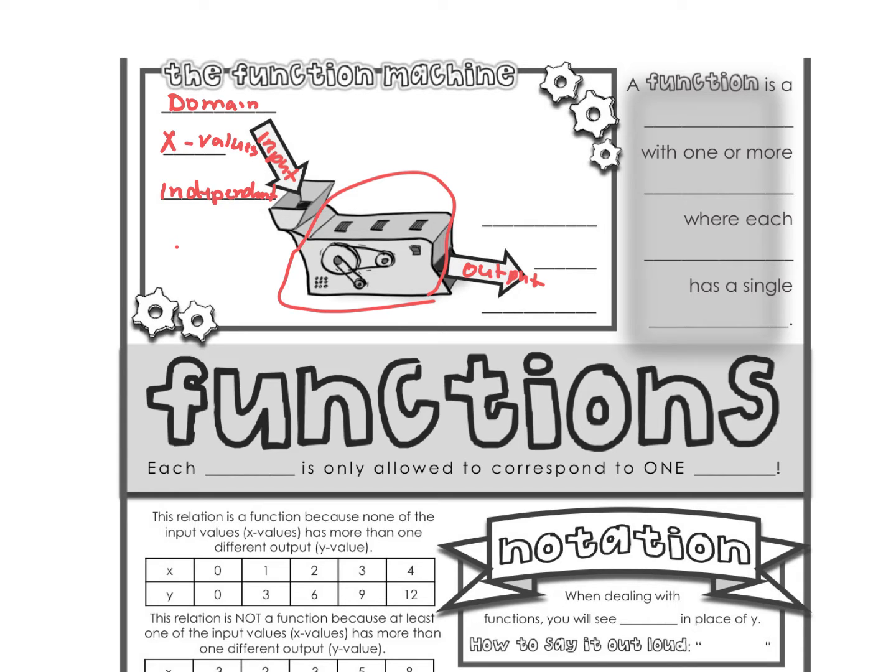The definition of the domain is the set of all possible values. So if I say we're going to put in just numbers, we're going to put in 1, we're going to put in 2, we're going to put in 3, okay?